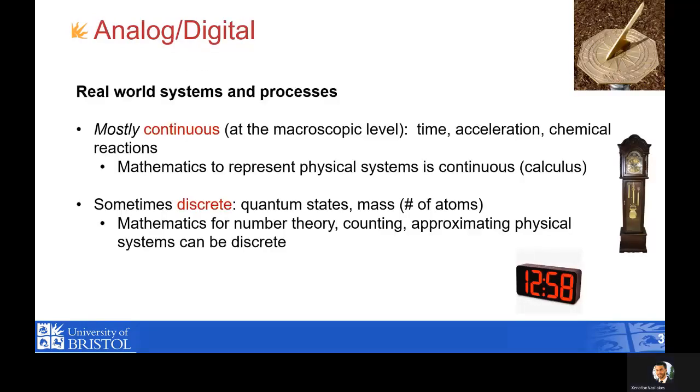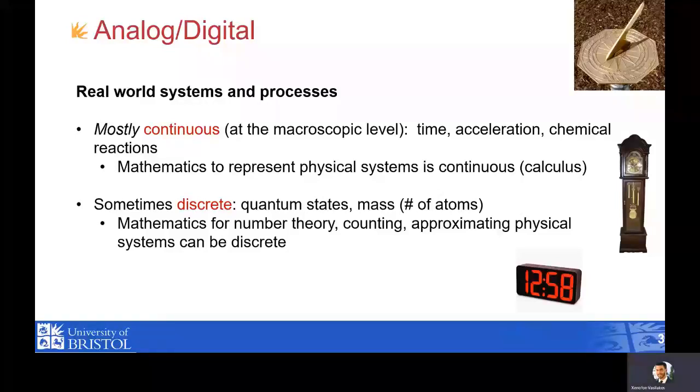So, in real-world systems, most of the time, at a microscopic level at least, we get the notion of an analog behavior. Some prominent examples include time, acceleration, perhaps some chemical reactions, and the mathematics that come with it tend to represent physical systems as continuous.